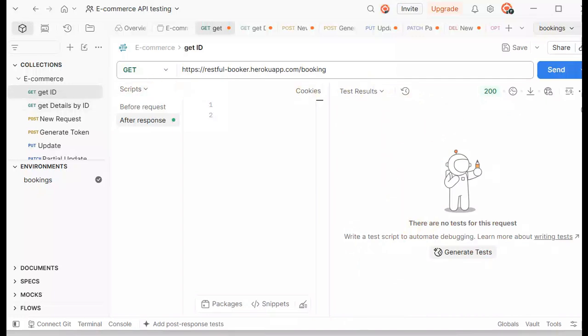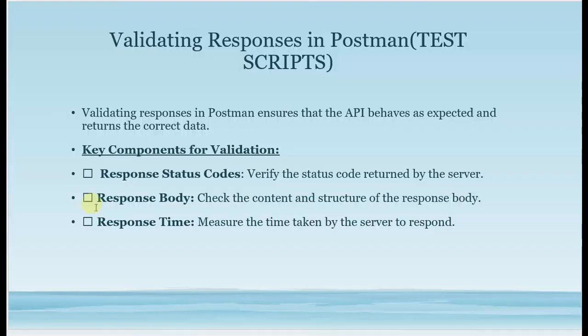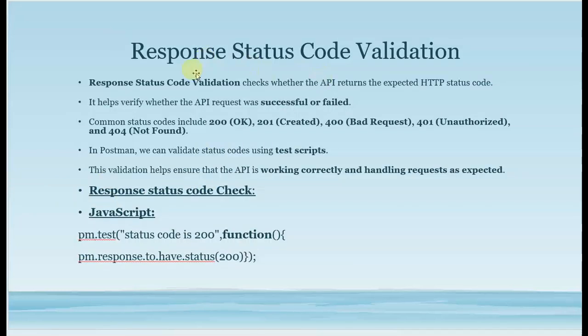Now I'm going to write the validation for the response status code. Response status code validation checks whether the API returns the expected HTTP status code or not. It helps verify whether the API request was successful or failed.